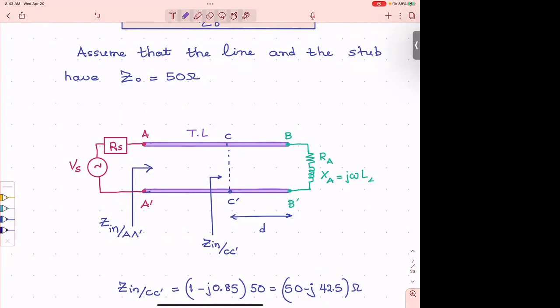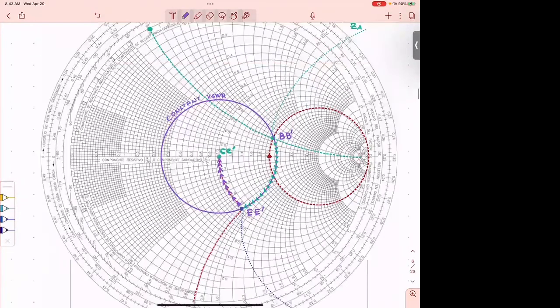So I can move along this line, from here to there, without any obstructions, assuming I have not added anything there. Moving like this on this line would imply moving along the purple circle on the Smith chart. A movement on the transmission line implies movement along the purple circle.